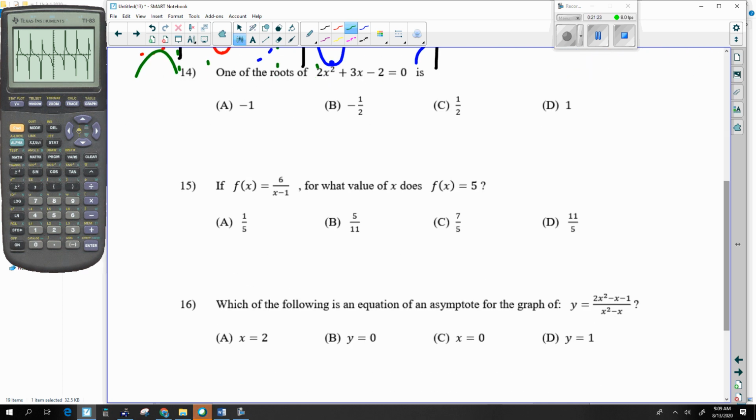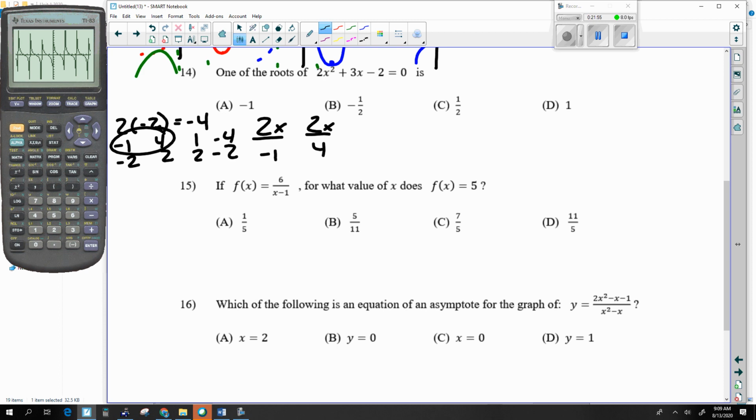Okay, one of the roots. All we got to do is just find one of the roots. This kind of looks like a calculator problem, but whatever, I'll do it old school style. So I need to factor this. So 2 and -2 create -4. Multiples of -4 are 1, 4, 2, 2, adding to a +3. 2x with -1 and 4.